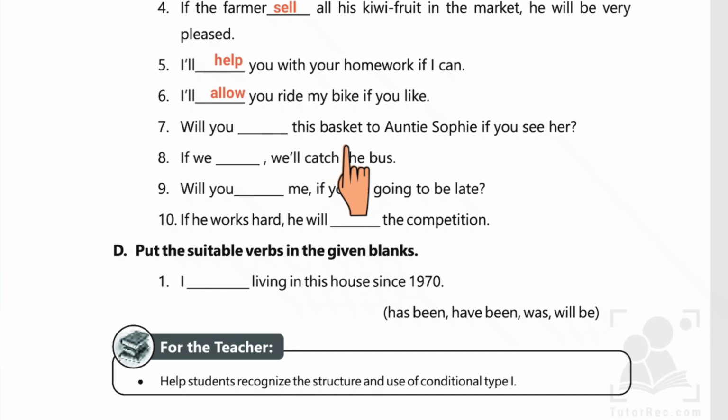Will you give this basket to Auntie Sophie if you see her? Again, we see that even if it is a question or interrogative sentence, we have used will in the beginning, no comma in between.